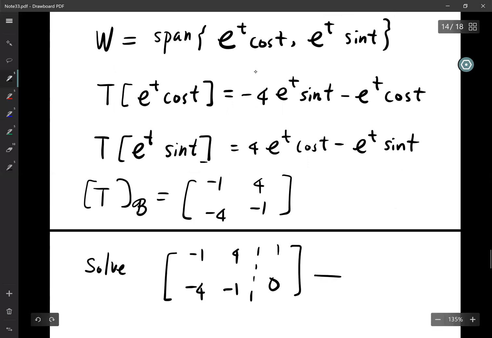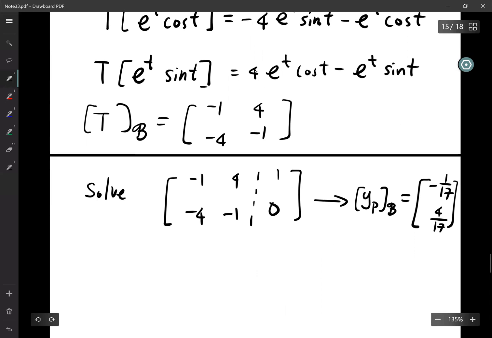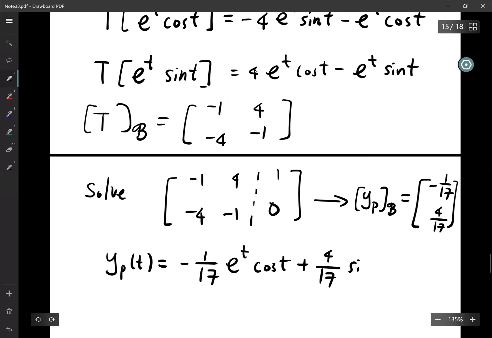Then I obtain yp b is -1/17, and this is 4/17. Check. So yeah, 4 times 4 is 16 plus 1. That's good. So I get a particular solution: -1/17 exponential t cosine t plus 4/17 exponential t sine t.